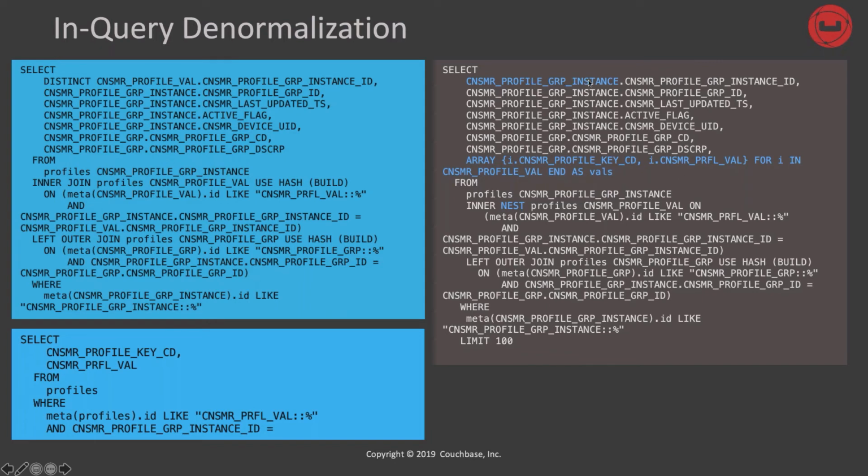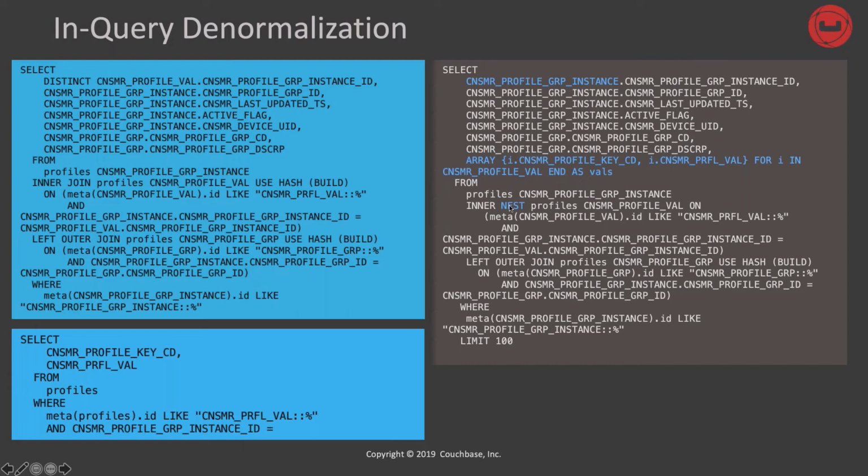And then I'm going to grab the group instance ID from the group instance rather than from the distinct val, because I'm already doing the nest, which already does the distinct functionality for me. So now what I'll have is one query that does the work of two queries.